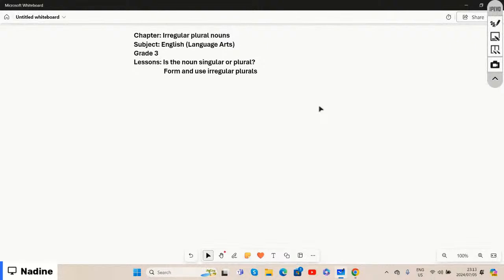Now if we want to identify whether something is singular or plural, singular means one person or thing or animal or place. It refers to one of each, right?